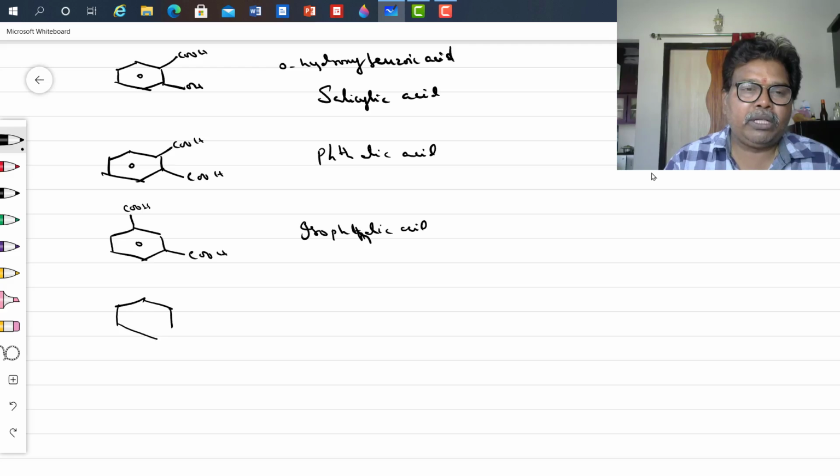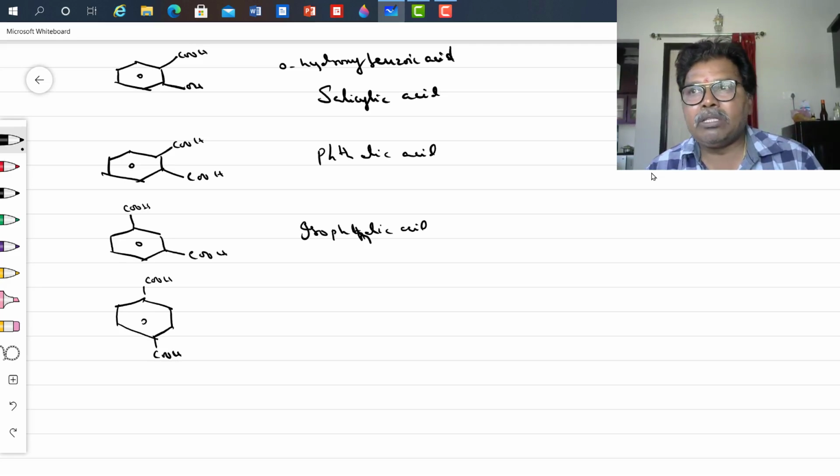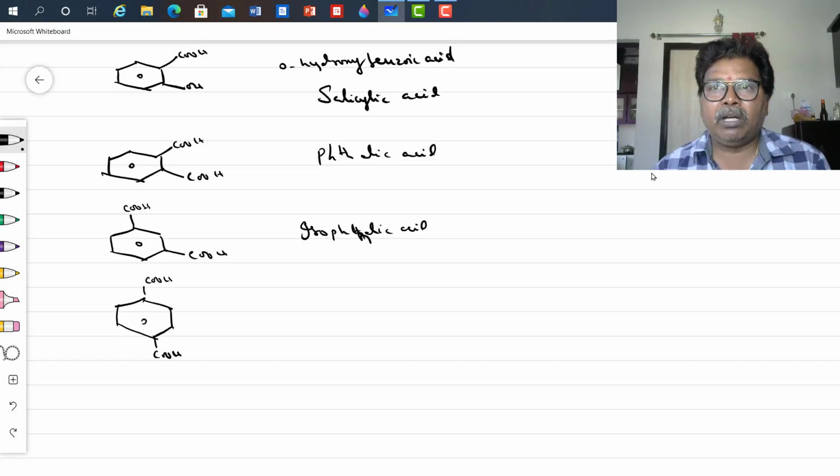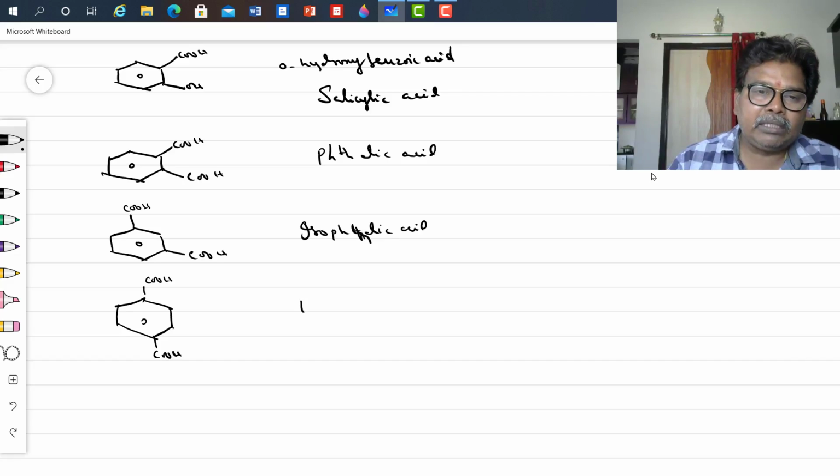If COOH groups are present at 1 and 4 positions, the para position, then it is called terephthalic acid.